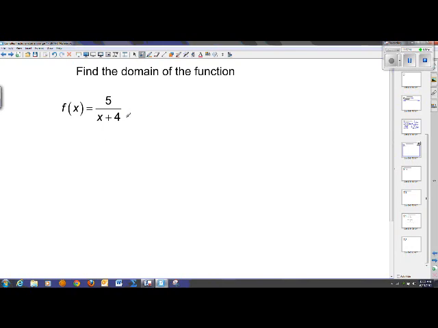If I pick 100, 5 over 100 plus 4 is 5 over 104, not a problem. But there's one value for this fraction that will make the output undefined. And it's all going to key on this denominator. We know in fractions that you can never divide by 0.